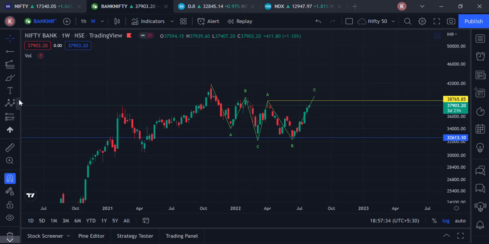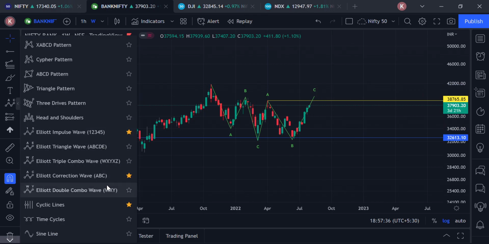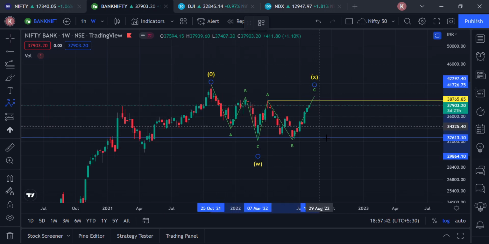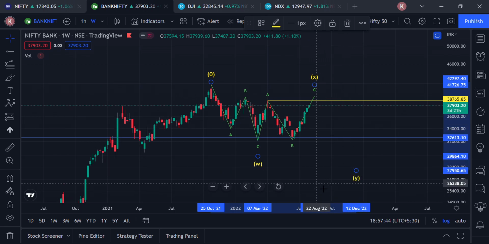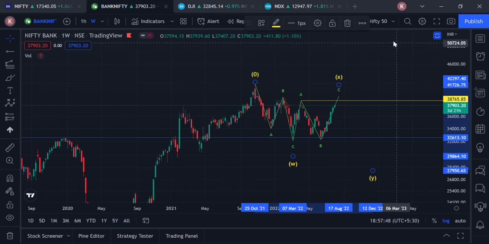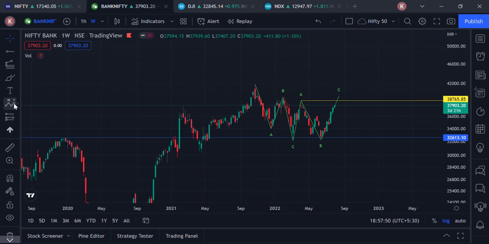So this entire structure can be an ABC as W. This ABC can act as an X, and one more ABC can move forward to Y. So this could be WXY, also this could be ABC. So what is the difference between WXY and ABC?